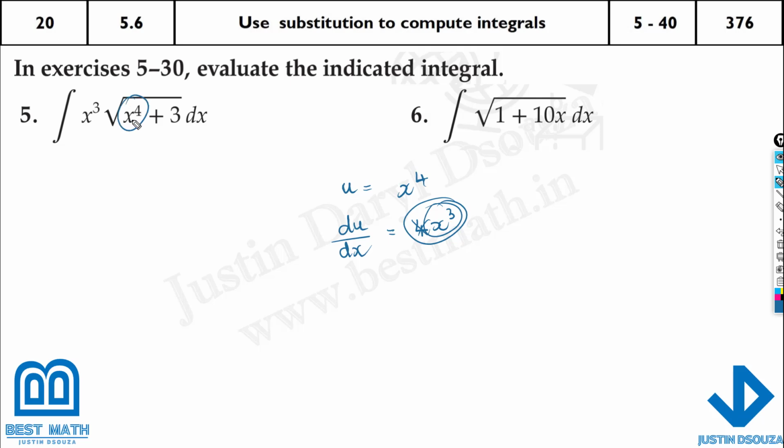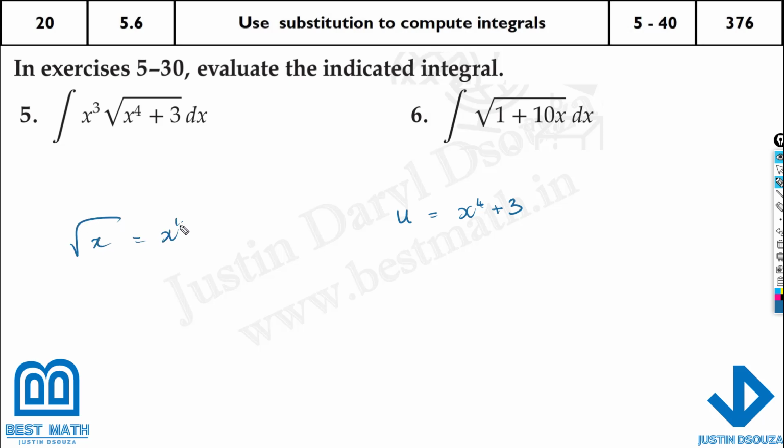If you just do x to the power 4, then it will be u, and then we have plus 3. It's going to be complicated because there is a square root. So whatever is inside the square root, this is complicated, isn't it? We just take it as u. That is x to the power 4 plus 3, all inside the square root. Why? Because if we have just the square root of x, we know we can easily solve this.